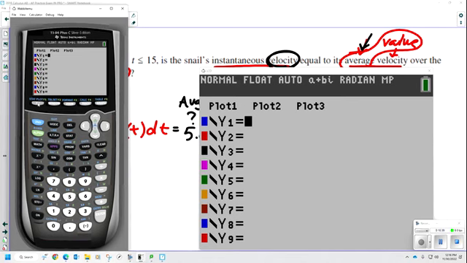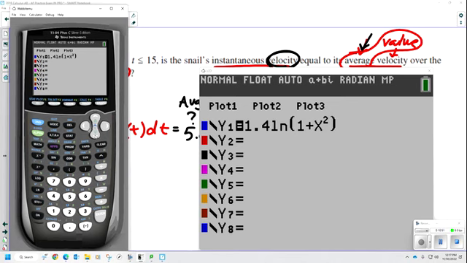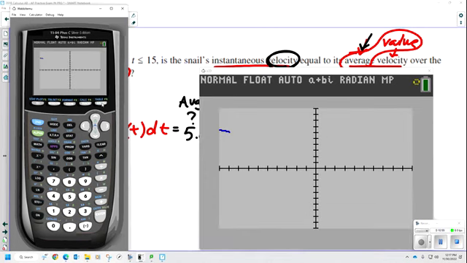So the first one is 1.4 ln. This is my velocity now, 1 plus x squared. And in here, I wonder if I just put the v, that's what's stored in v, so I've got to type the whole thing out. And let's graph this. There's the blue one right there. That's velocity.